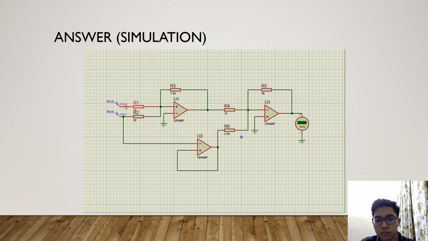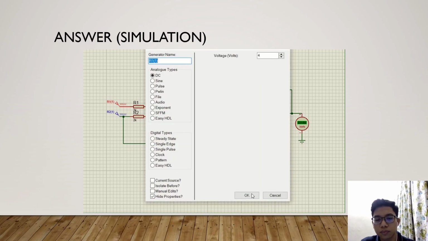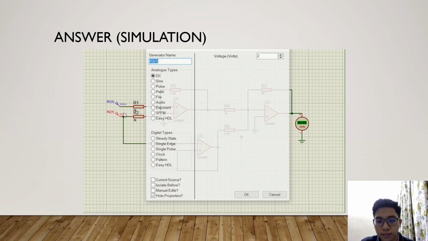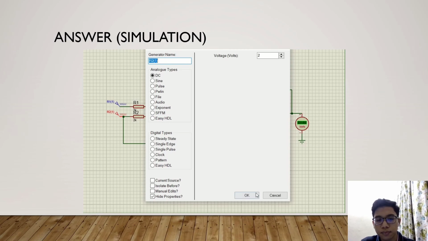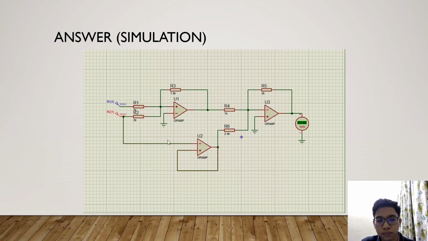For the voltage supply, we supply 4 volt for V1 and 2 volt for V2. As you can see in the circuit, this is a voltage summing and this is a voltage follower.